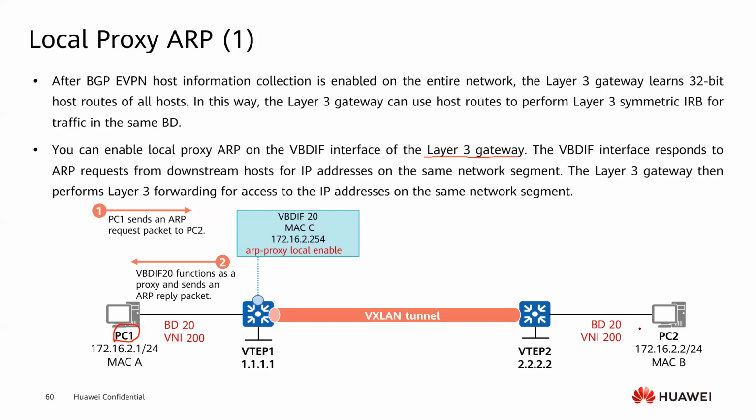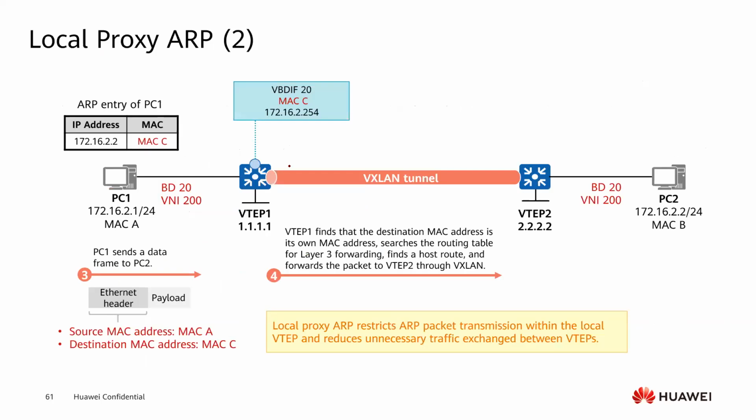But because PC1 learns the MAC address of PC2 as MAC C, PC1 will send this packet to VTEP 1, and VTEP 1 will do level 3 forwarding. So between VTEPs, intra-subnet forwarding can be based on level 3 forwarding. That is local proxy ARP forwarding.